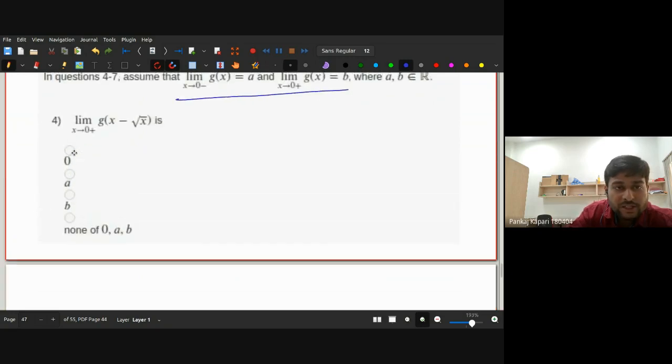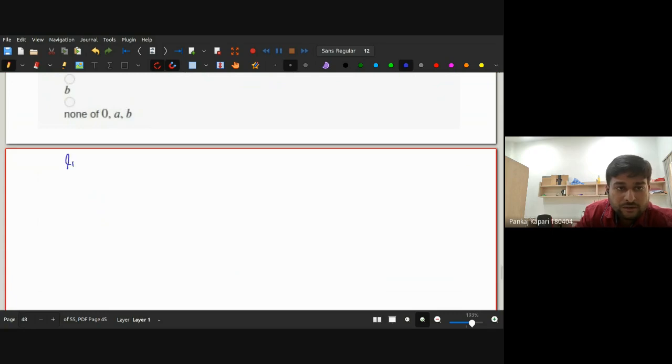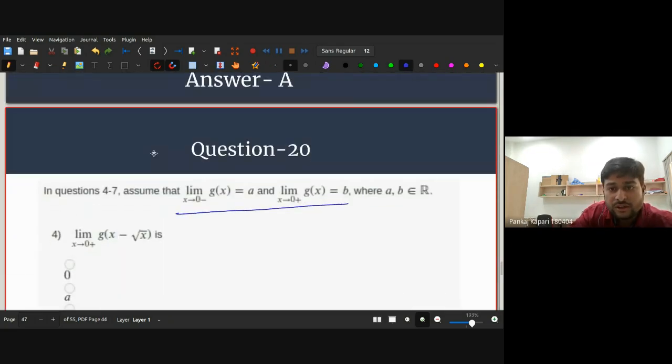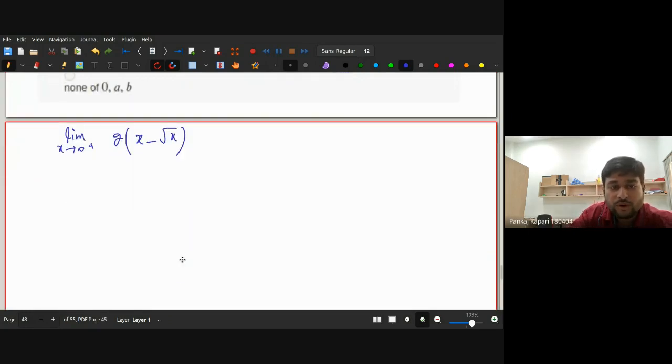We have to make a change of variable. We have to find the limit when x goes to 0 from the right of g of x minus root x. We want to find this limit.